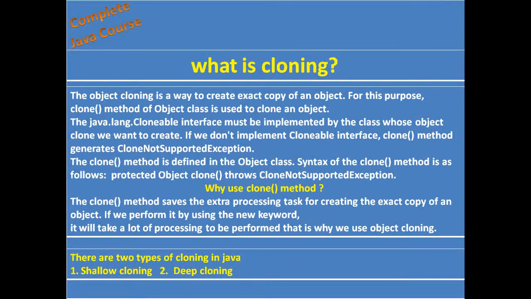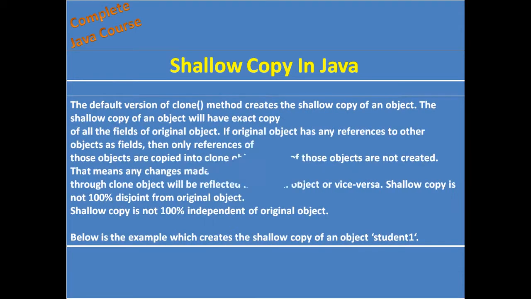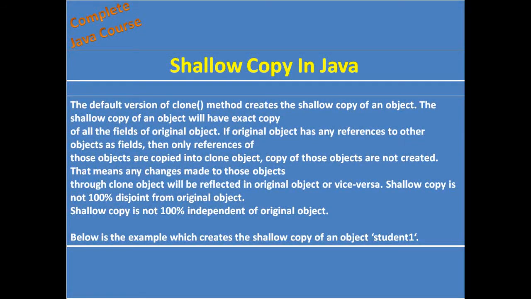There are two types of cloning in Java. Number one, shallow cloning. Number two, deep cloning. Shallow copy in Java, or shallow cloning in Java. The default version of the clone method creates the shallow copy of an object.